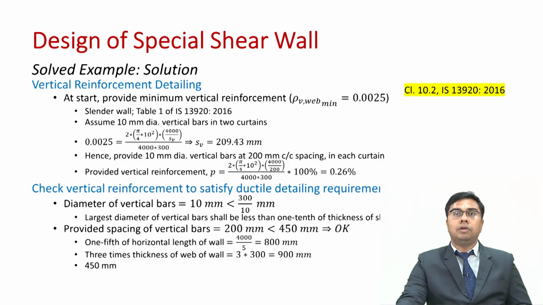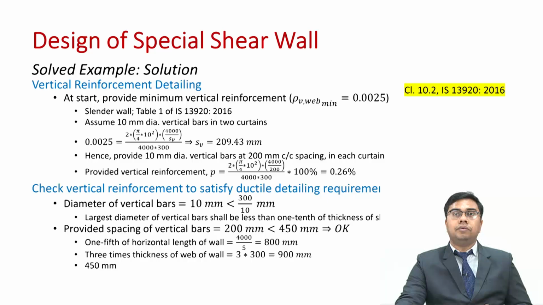Now, in this case we will assume 10 millimeter dia vertical bars in 2 curtains, and when we find this out, we get Sv to be 209.43 millimeters, which means that these 10 mm dia bars in 2 curtains need to be provided at a spacing which is not larger than 209.4 millimeters. So, we will be providing 10 mm dia vertical bars at 200 millimeters center to center spacing in each curtain.